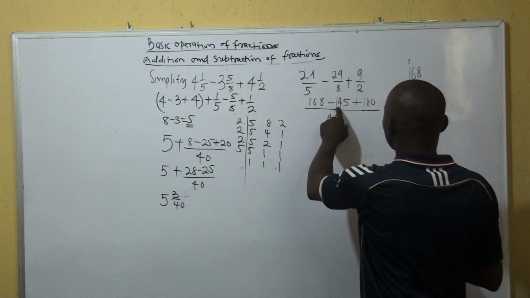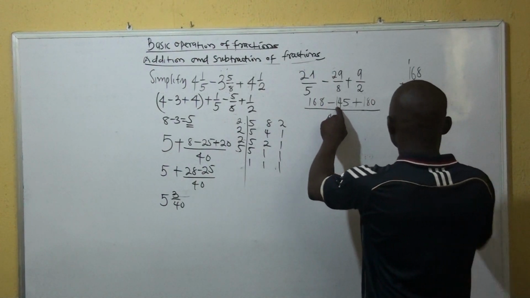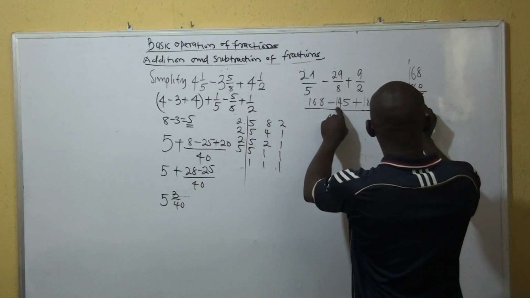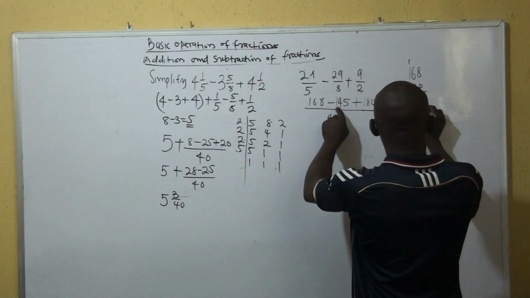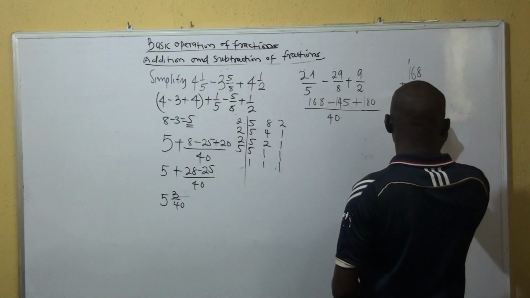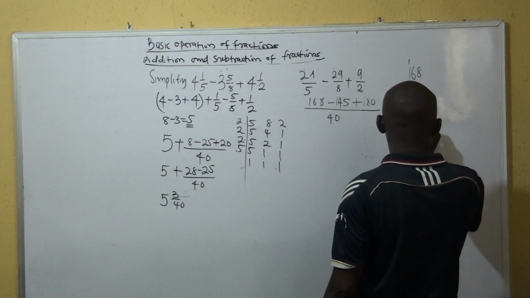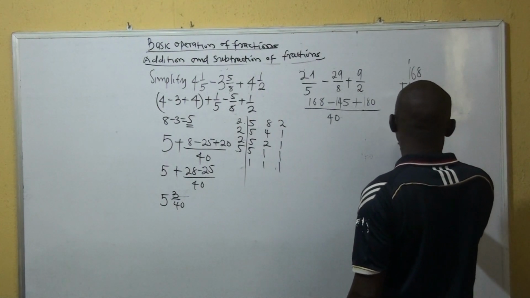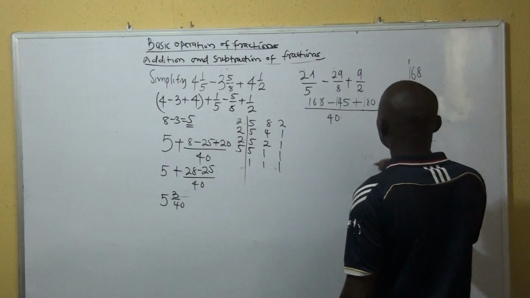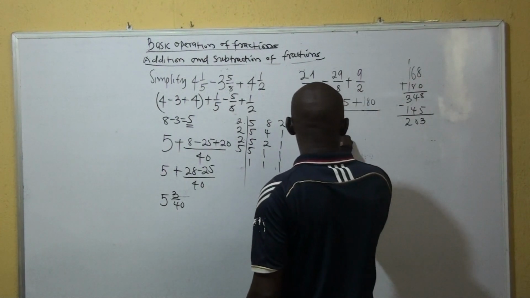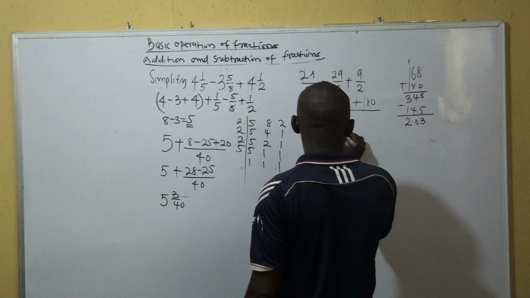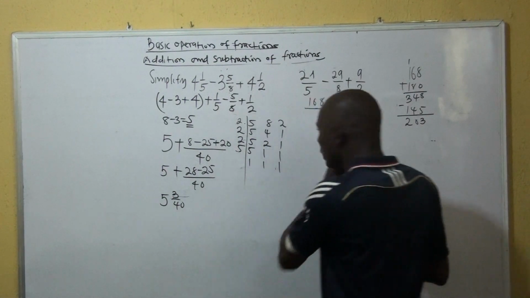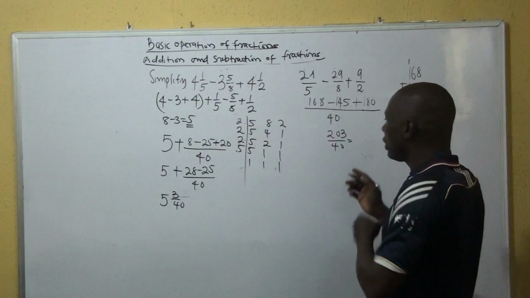Then let's subtract 145 from it. Subtracting gives 3, then 0, and 2. So eventually here it becomes 203 over 40.